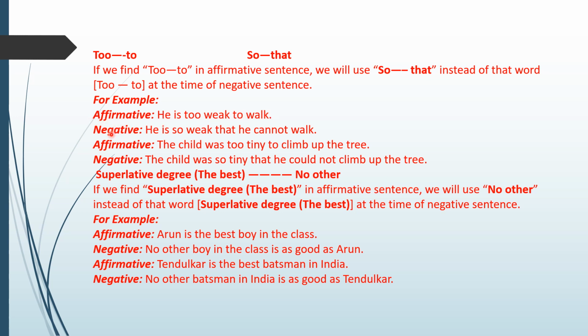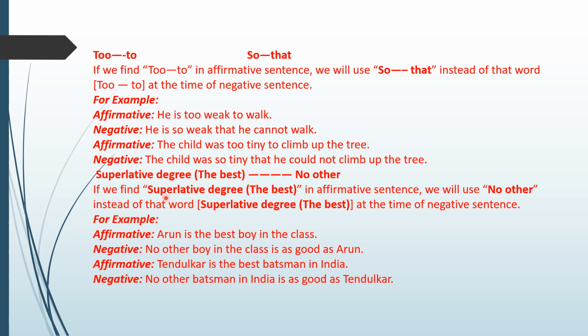You will make it into the negative by using so that. So the negative is he is so weak that he cannot walk. Another example, the child was too tiny to climb up the tree. So you remove too and you use so that. The negative becomes the child was so tiny that he could not climb up the tree.